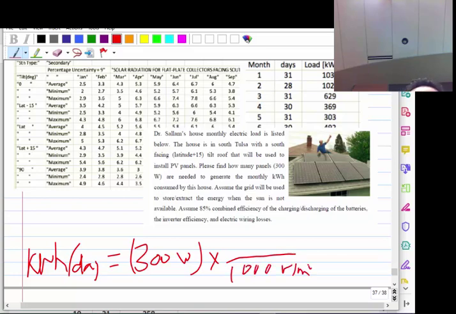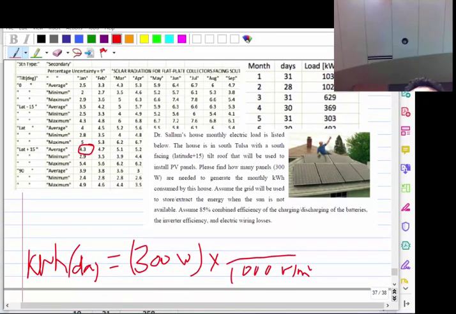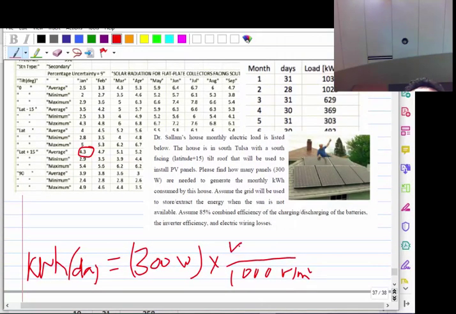What is that something? It is the kilowatt hour per meter square per day. So in this case it will be 4.3. Why? Because it's latitude plus 15. Okay, and in the next month we will use 4.7, and next month 5.1, next month 5.2.